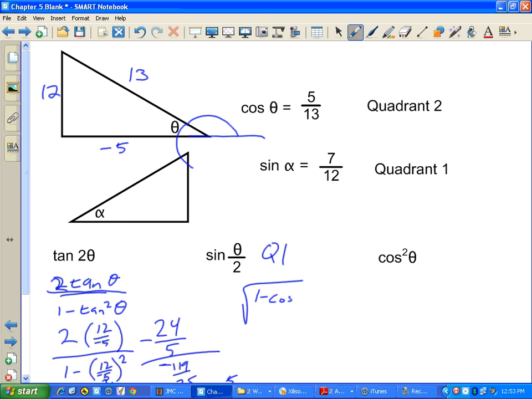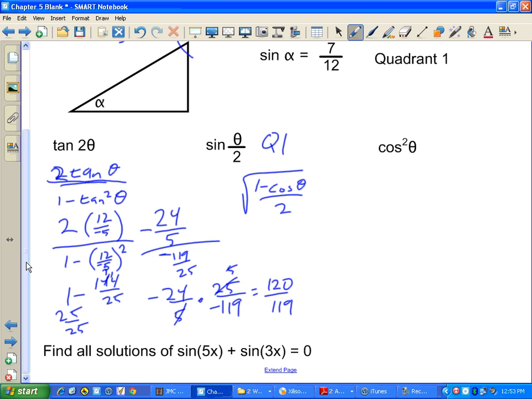1 minus cosine theta over 2. Well, cosine is negative 5 over 13. So I've got the square root of 1 minus negative 5 over 13 over 2. Simplify the numerator. This would be 13 thirteenths, and I'm adding 5 to that, so I get 18 thirteenths.